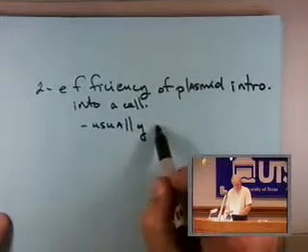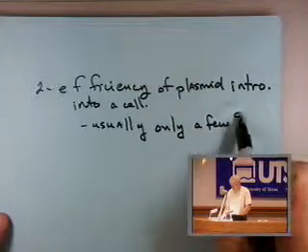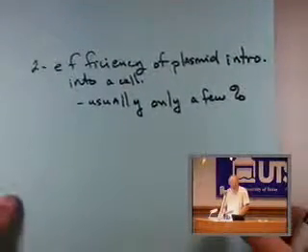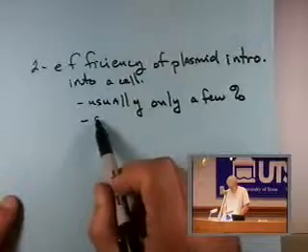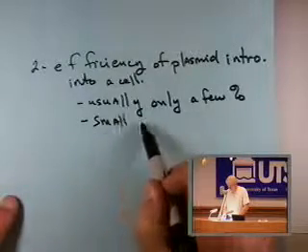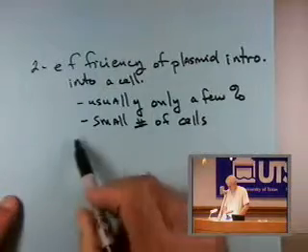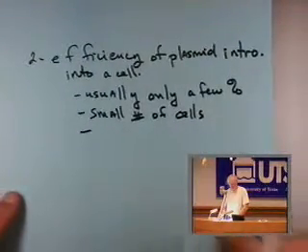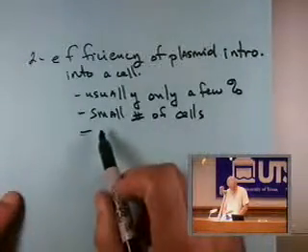It's usually only a few percent of the copies of the plasmids that you start with that actually will get into the cell. Sometimes it'll be a small number of cells that will take it up. So you have to be able to select the cells that have it in there.